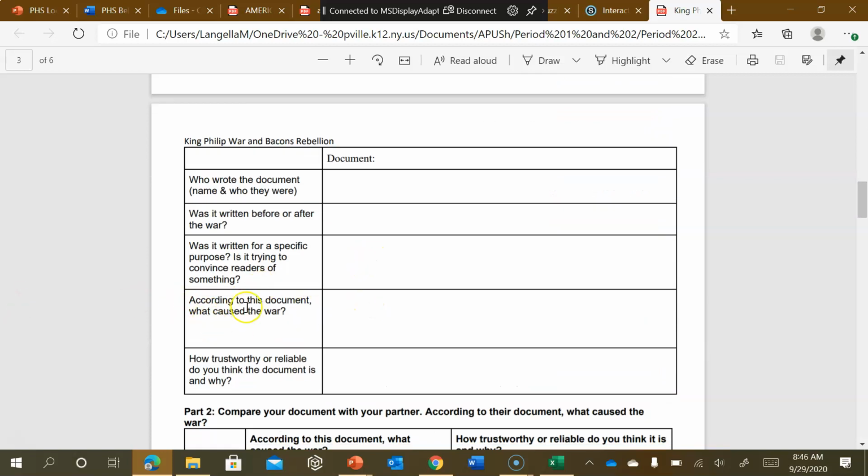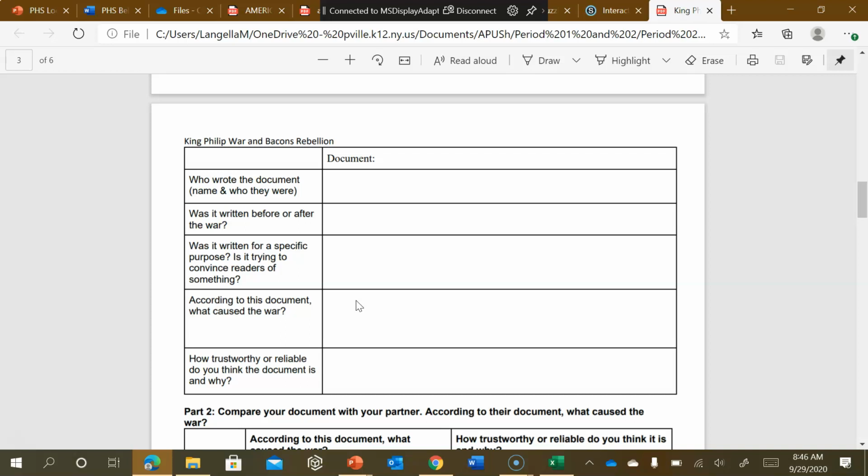So according to this document, what caused the war? You look at A. What caused the war? Yeah, if you're going to pick which side, who instigated, who caused this war more between the two groups? The English did. So they're saying that the English were pushing the buttons as much as humanly possible.